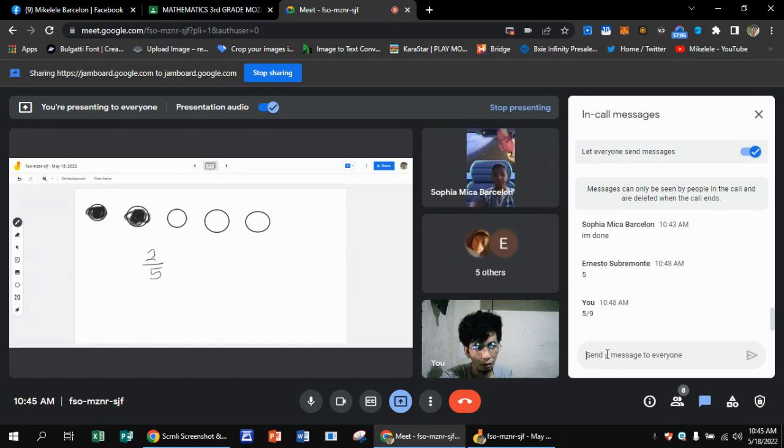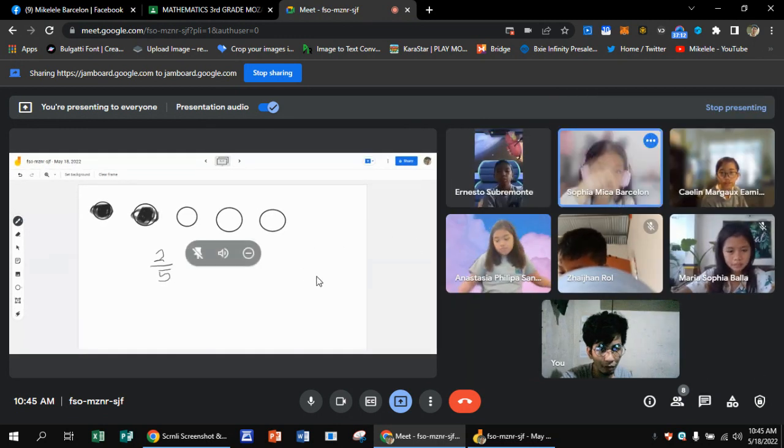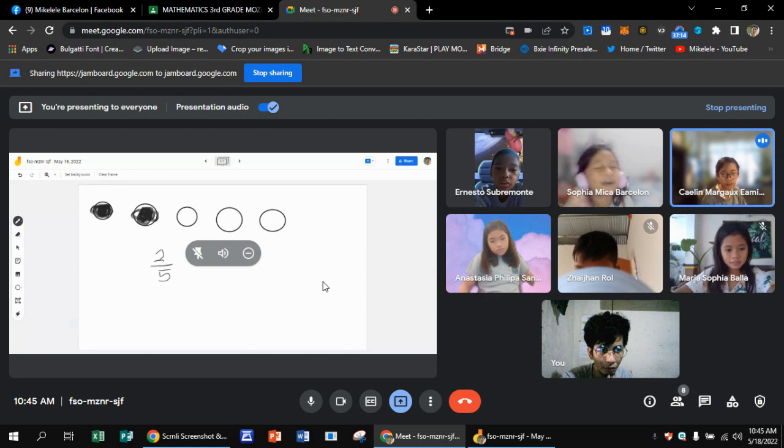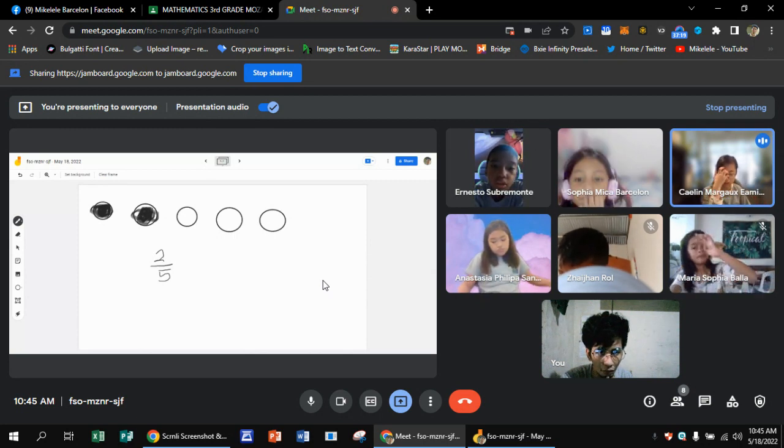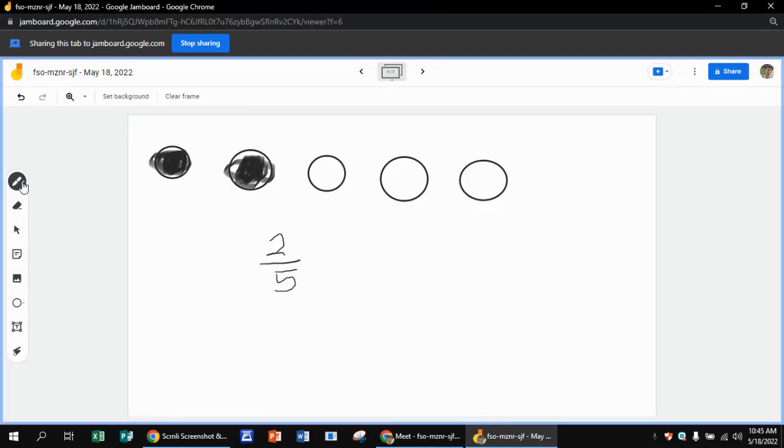Teacher, is it okay if it's like 2? Should we put 5 in a line and after that 9? Yes, like this one. I'm correcting number 1, 5 over 9, okay?